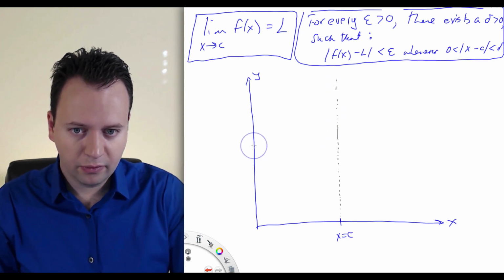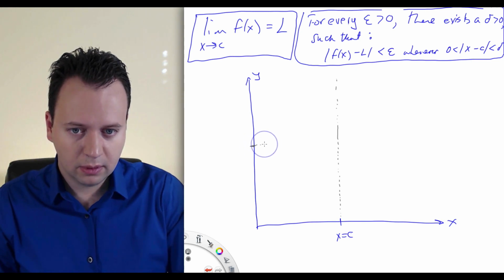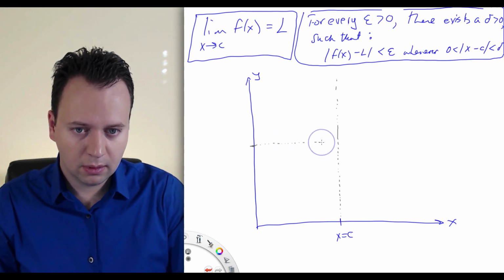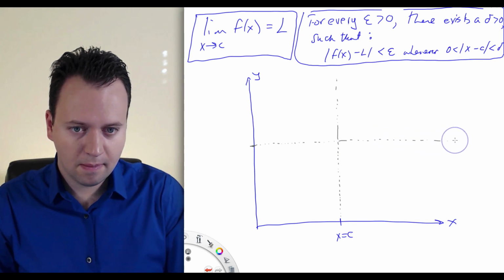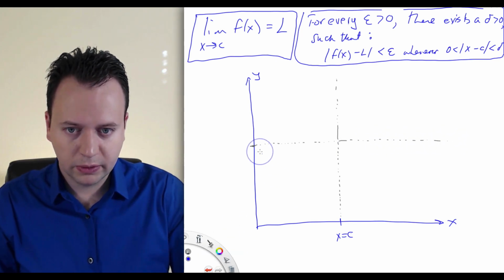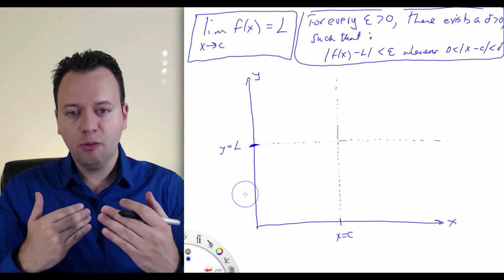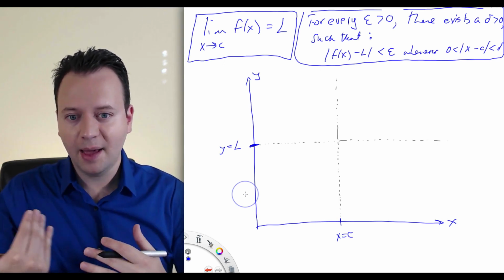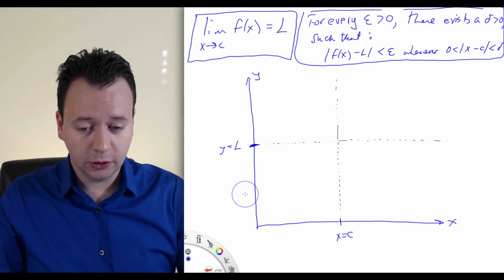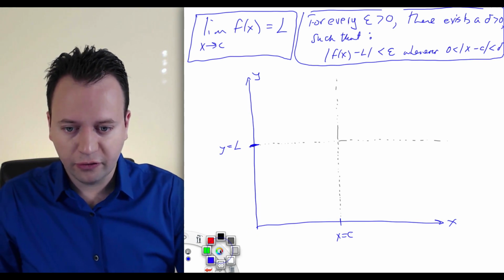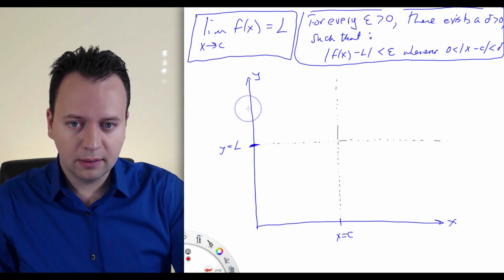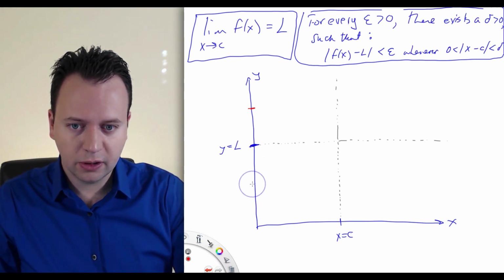Let's say we have a y value. So this is y equals L. Okay, so it's the same game. We're trying to get the outputs to be within a distance of epsilon to the output y equals L. So if we start with our first epsilon, it could be a large one just to start.